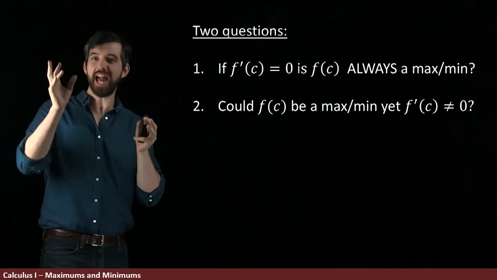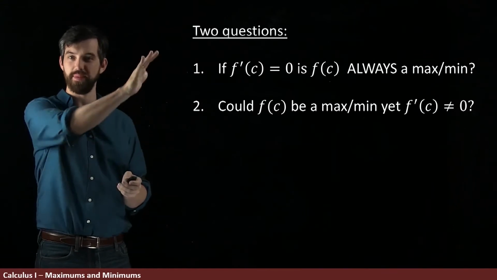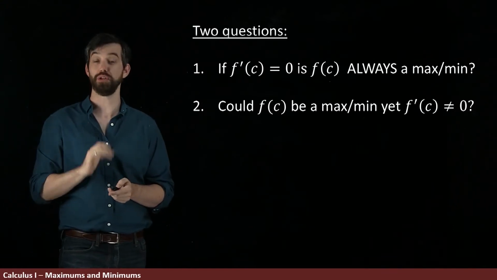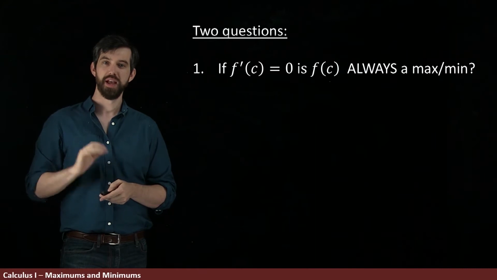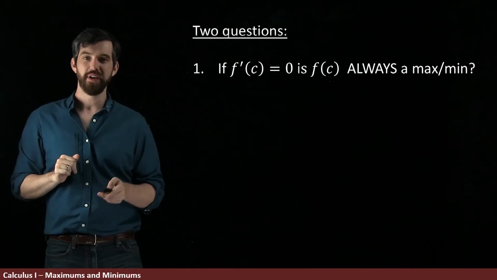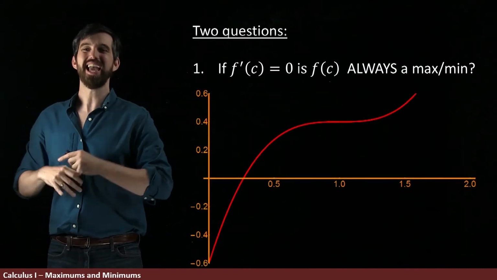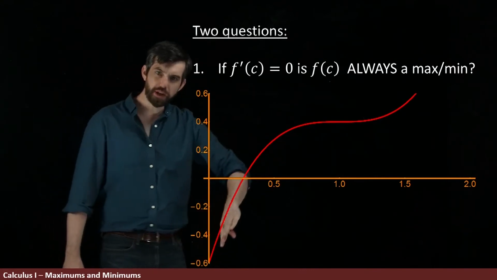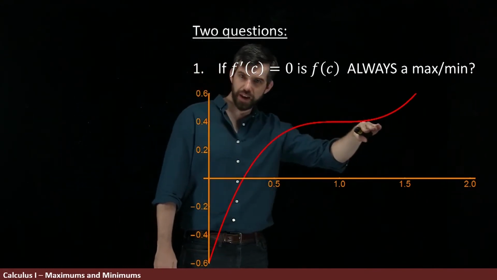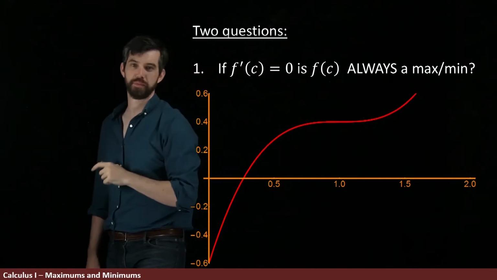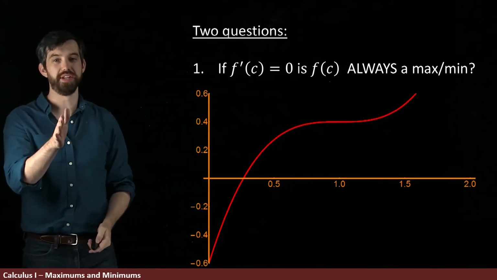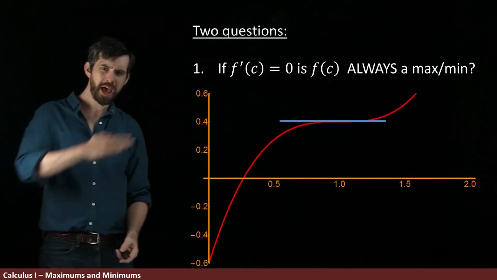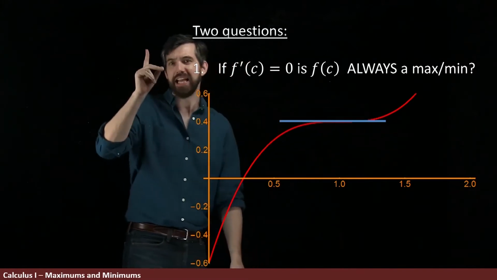All right, so I think I've come up with examples that illustrate what's going on for both of these questions. So let's look just at the first one first. Consider the graph of something like a cubic. Notice how it goes up, and then it flattens out, and then it carries on going up. And indeed, if I look at this point of x equal to 1, and I try to draw the tangent line, it is horizontal there.